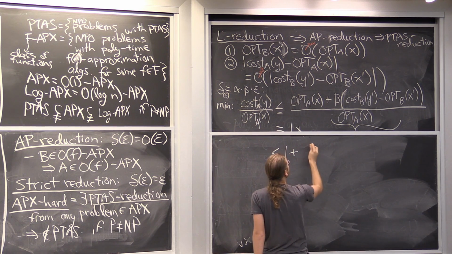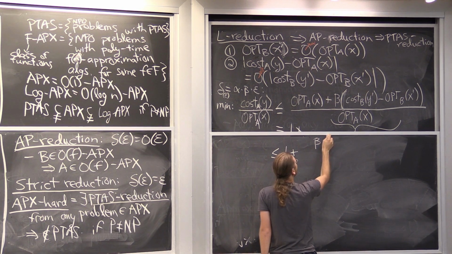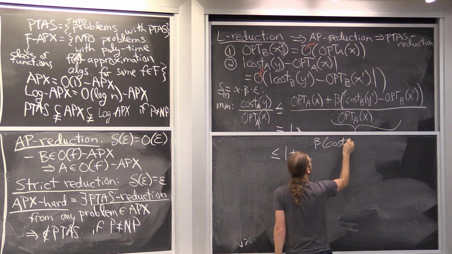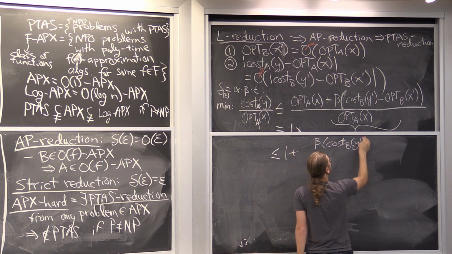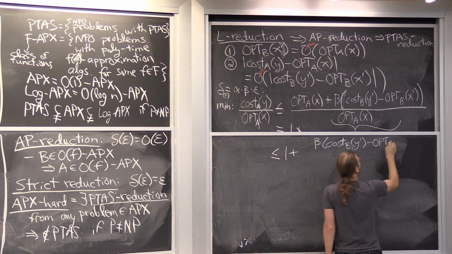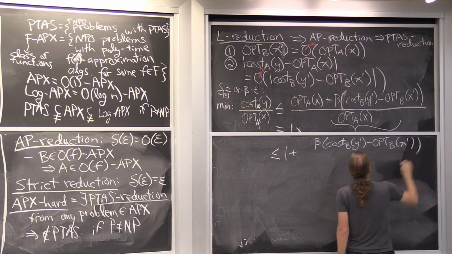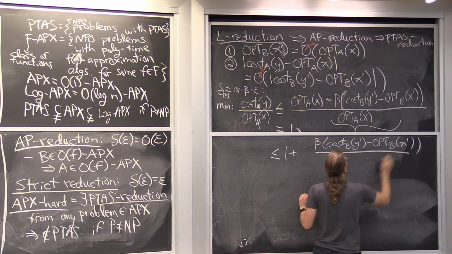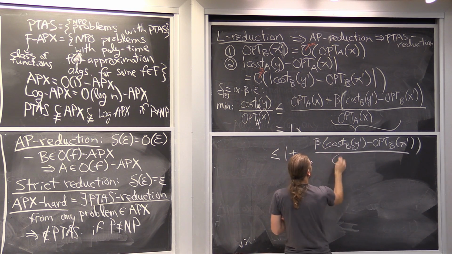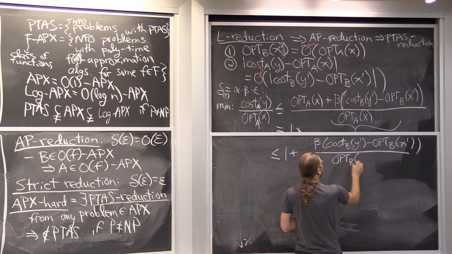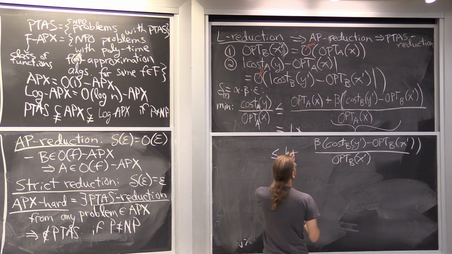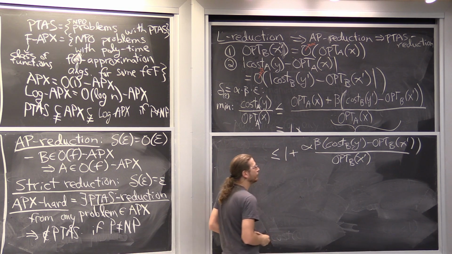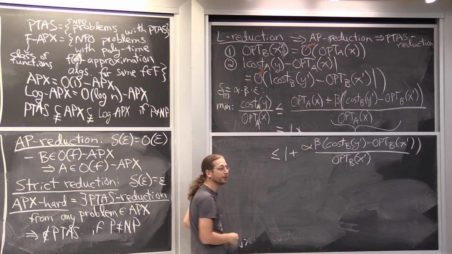So now we have this thing. The numerator is the same. We had before beta times cost sub b of y prime minus opt sub b of x prime. So that's unchanged. But now, instead of dividing by opt sub a, we're going to divide by opt sub b of x prime. And we lost a constant factor. The constant factor turns out to be alpha in the numerator because we inverted the equation.